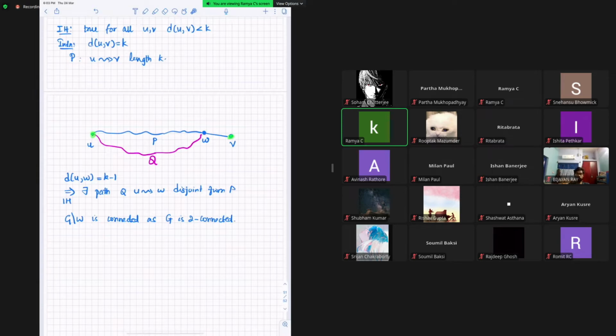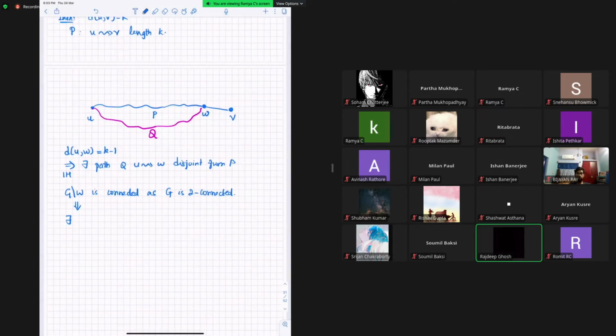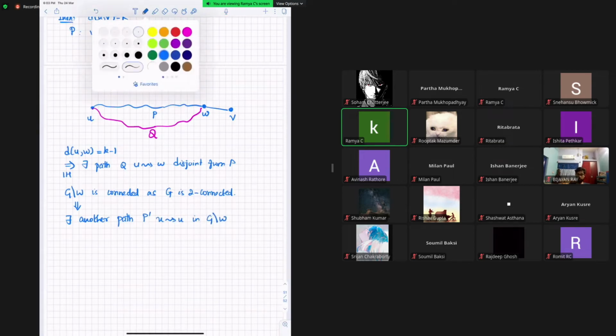Since G minus W is connected, there has to be a path from U to V that does not contain W. That means there exists another path. Let's call this path P prime from U to V in G minus W. So this path is disjoint from W. That's all you know.